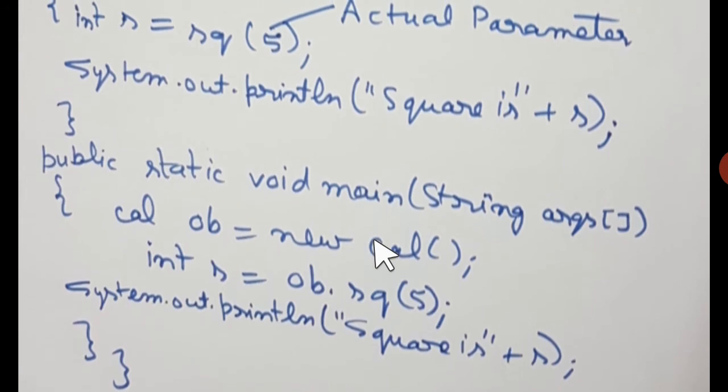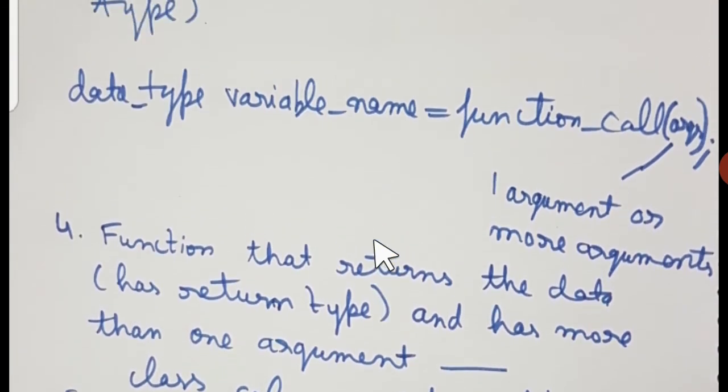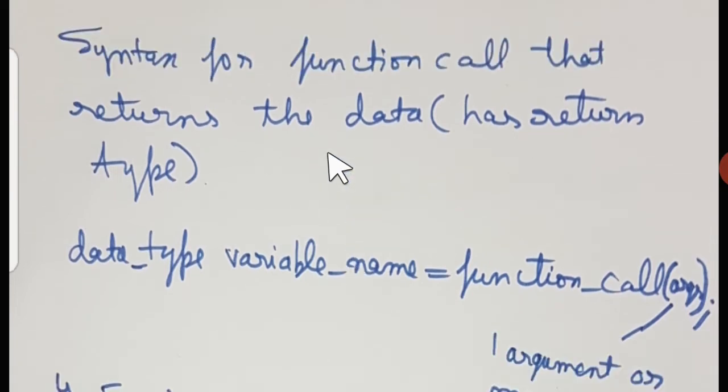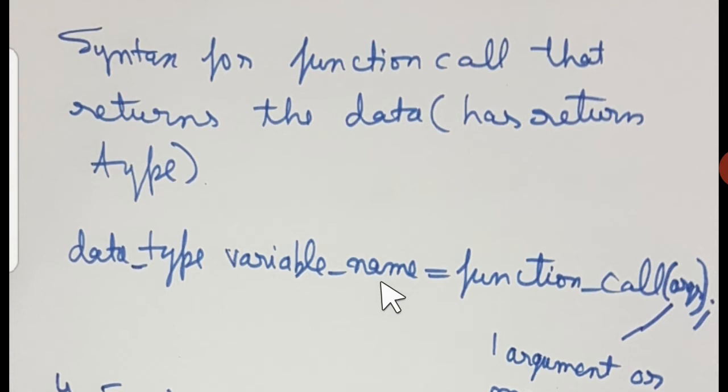Alright students, now after that, next way, but before that, you need to understand the syntax for a function call that returns the data and has a return type. That means it returns the data. So that's why I have given the syntax here, that I've shown you in the previous example, that a square was being returned and that value was being stored into a variable.